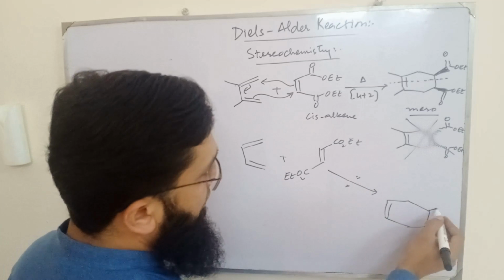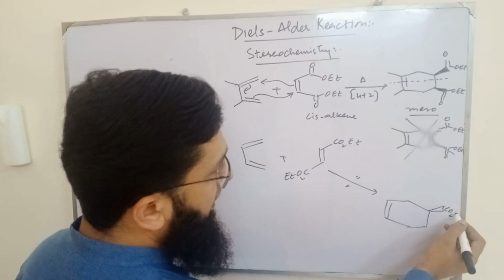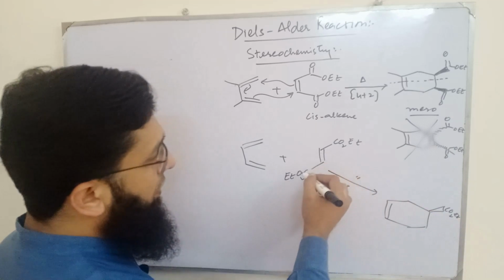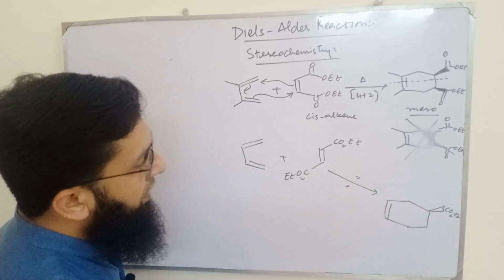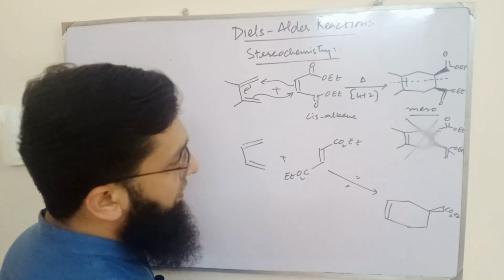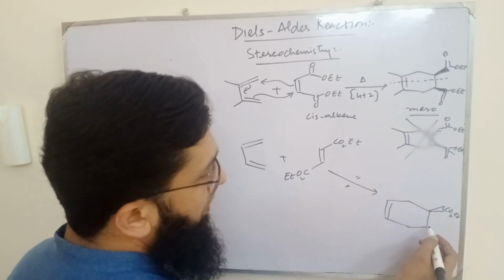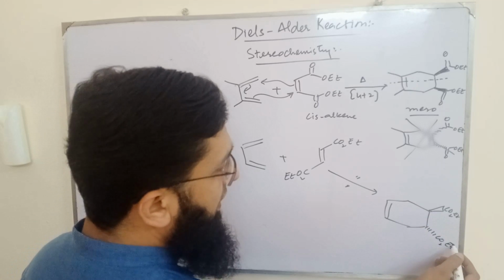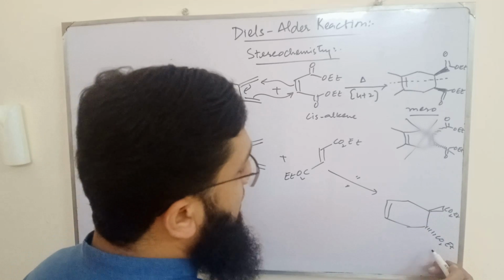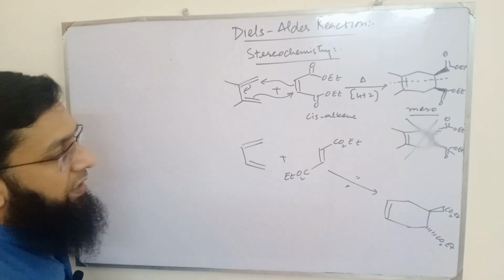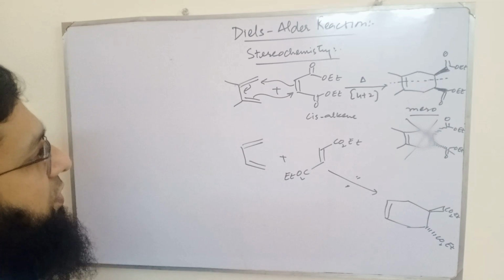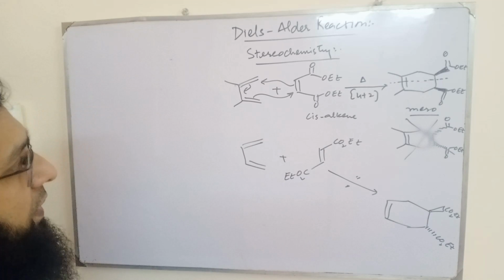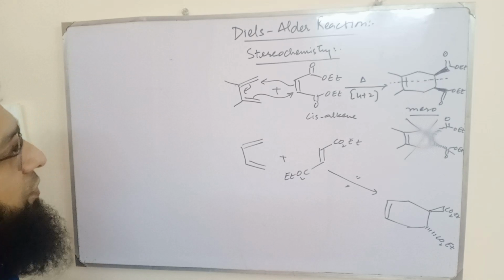We will get one group on the above side, and now because both are in the opposite direction and on the opposite side, if one is above the plane, the other one would come below the plane. As we have discussed, the Diels-Alder reaction takes place via retention of configuration and is stereospecific in nature. So I hope this is clear to you. Now we see some more examples.